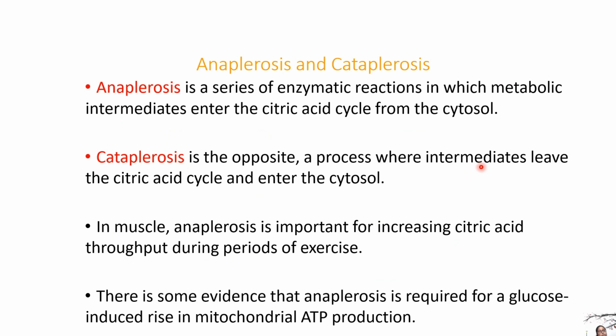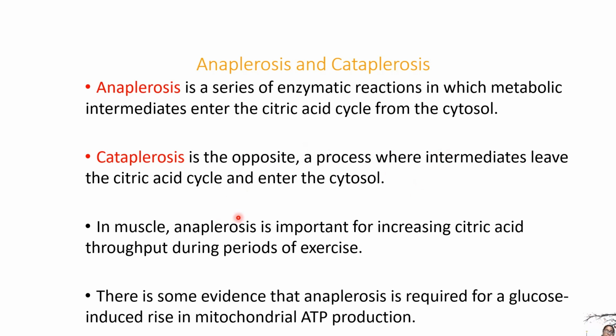Now, moving on to anaplerosis and cataplerosis. Anaplerosis is a series of enzymatic reactions in which metabolic intermediates enter the citric acid cycle from the cytosol, whereas cataplerosis is the opposite. It's a process where intermediates leave the citric acid cycle and enter the cytosol.